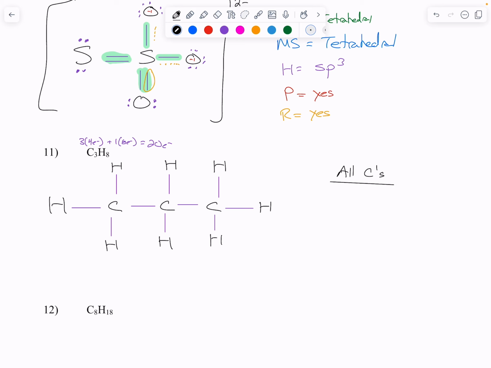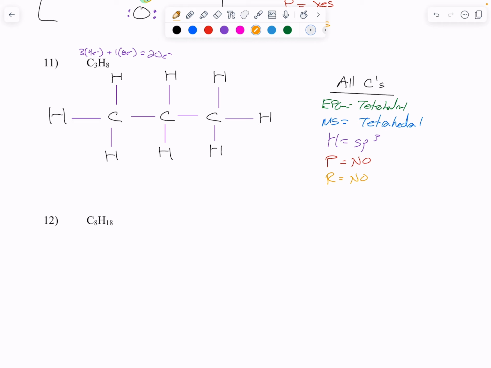So for all our carbons here, the electron pair geometry would be tetrahedral. Shape, same thing. Hybridization, sp3. Polarity is no, they're not polar. Those are defined as nonpolar. And resonance is no.